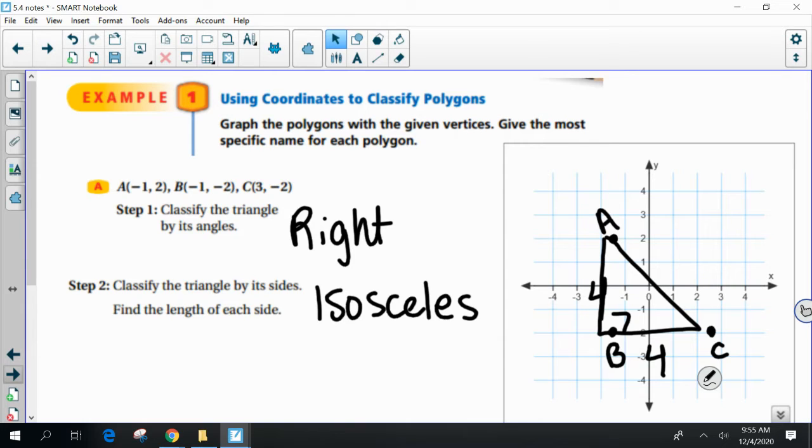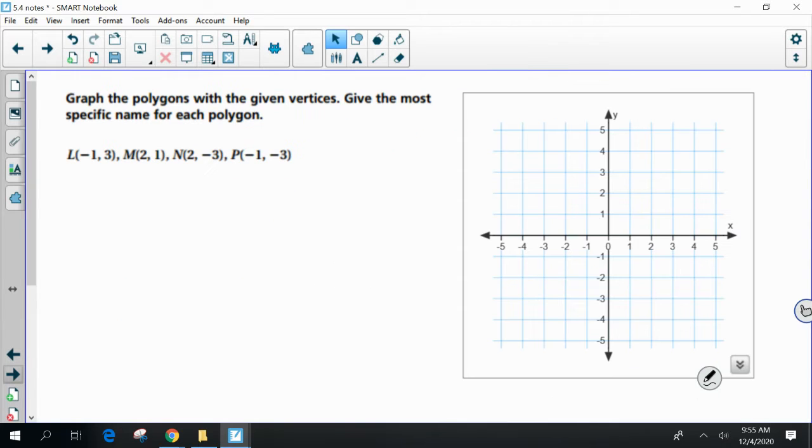Okay, so we're going to practice this again with a different shape. So this time we have 4 vertices. So because we have 4 vertices, what is this not? Not a triangle. So let's graph it.